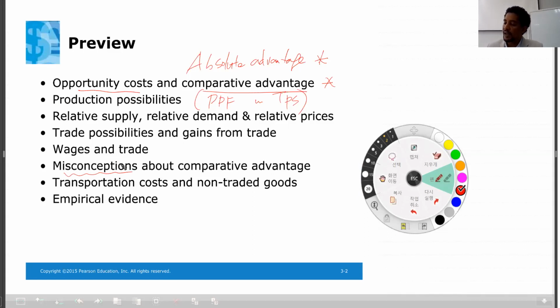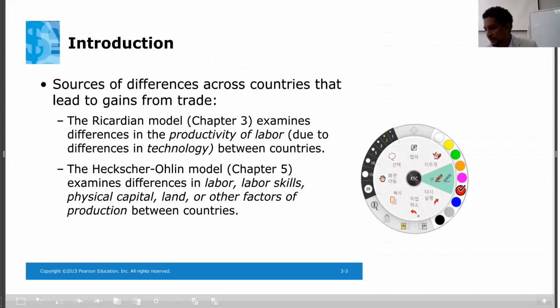We will also talk about transportation cost and non-traded goods and some empirical evidence that will help us understand how wages and trade patterns reflect the relative productivity of a country. So this is just an overview. Let's start our first topic, that is in the introduction part.